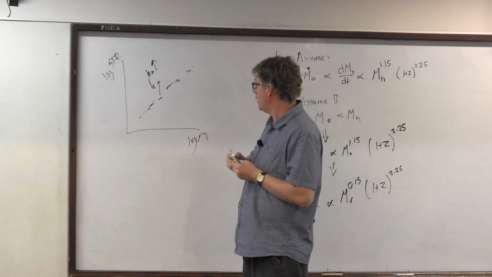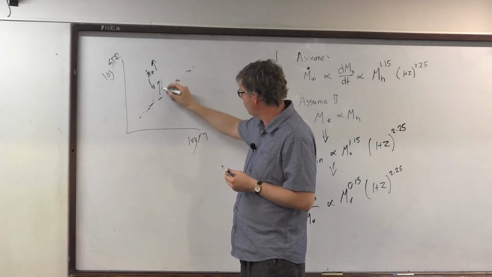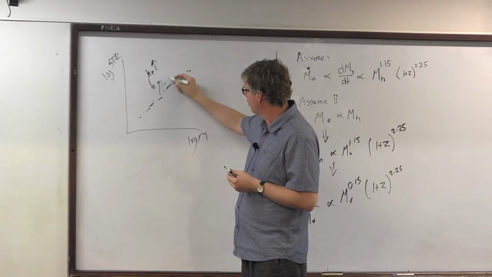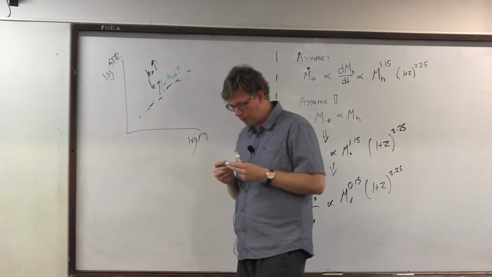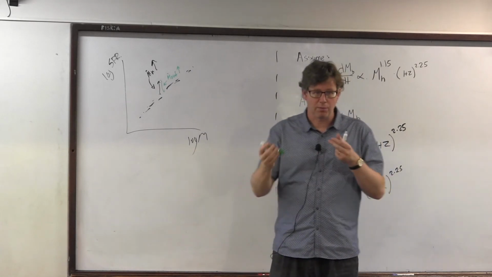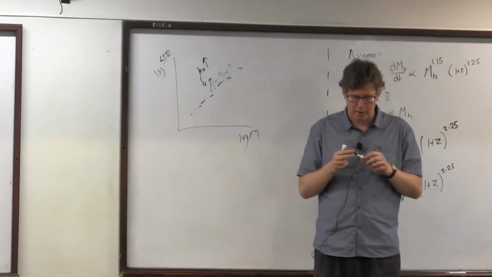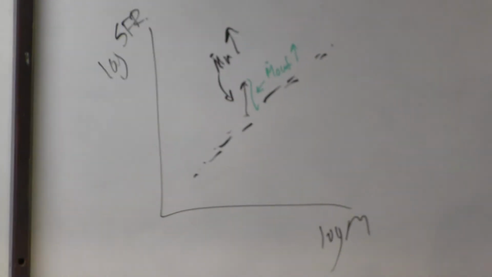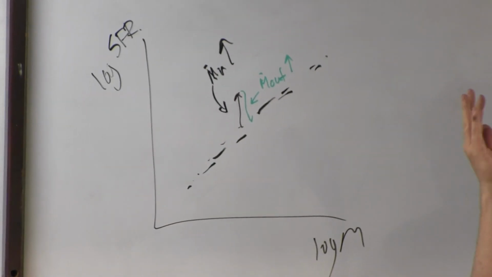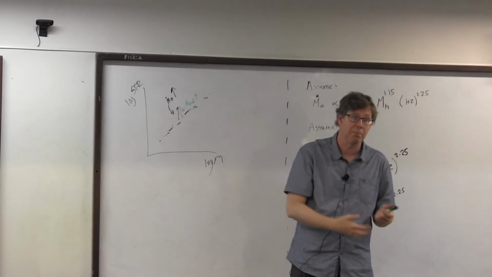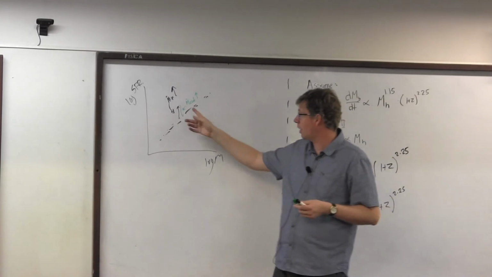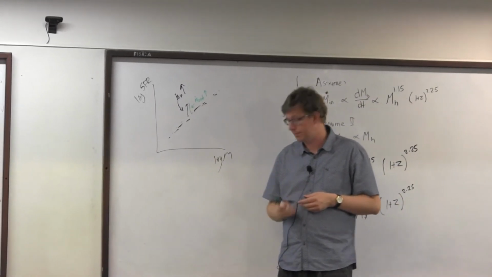And it will immediately, as a response, move back down here again, because m out goes up. So it really is an equilibrium solution: if you try to put more gas in, it will blow more gas out. If you put less gas in, it will blow less gas out. And it will keep trying to keep the same star formation rate all the time.